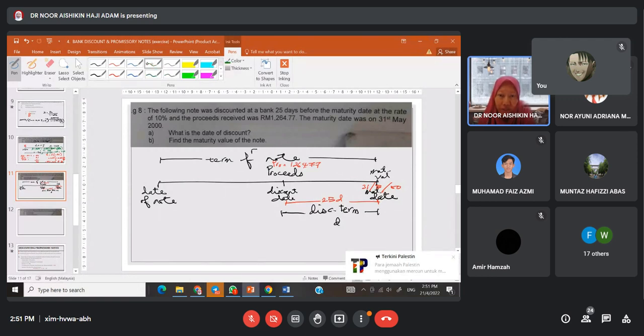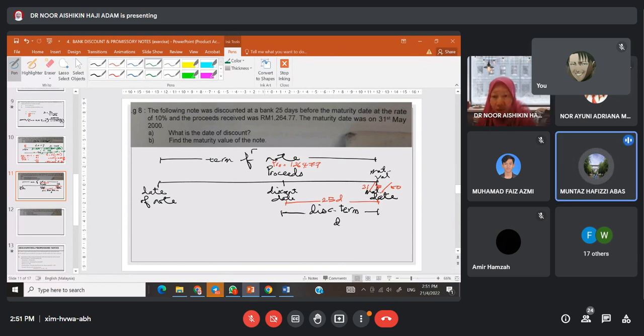Discount date macam ni nak cari? Minus 25. Apa yang minus 25? Dia maturity date. Yeah, betul. You want to go 25 days back. Betul? Okay. So that will be 31st May 2000 minus 25 days.